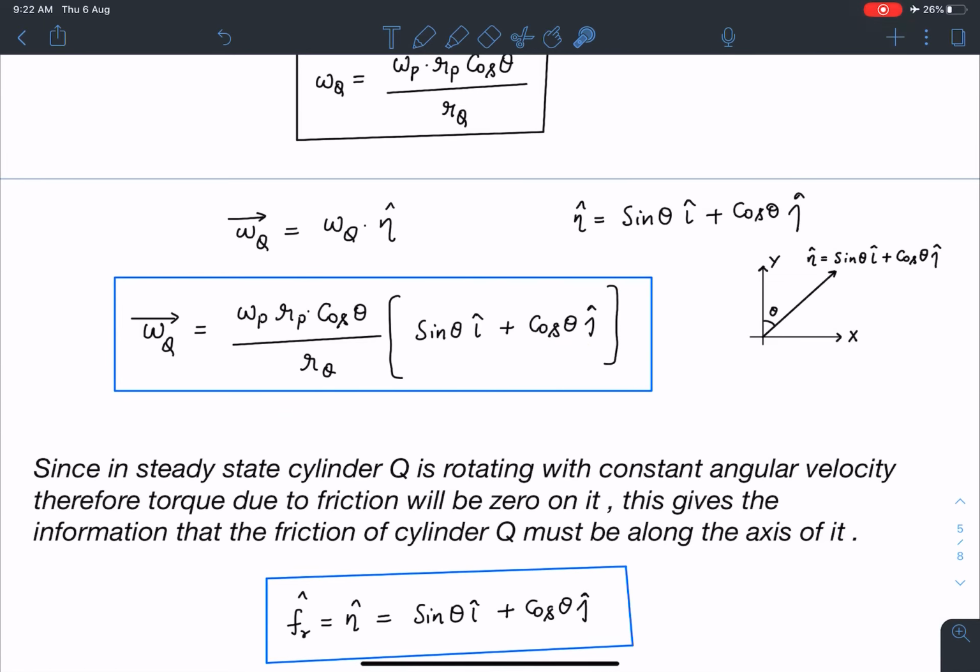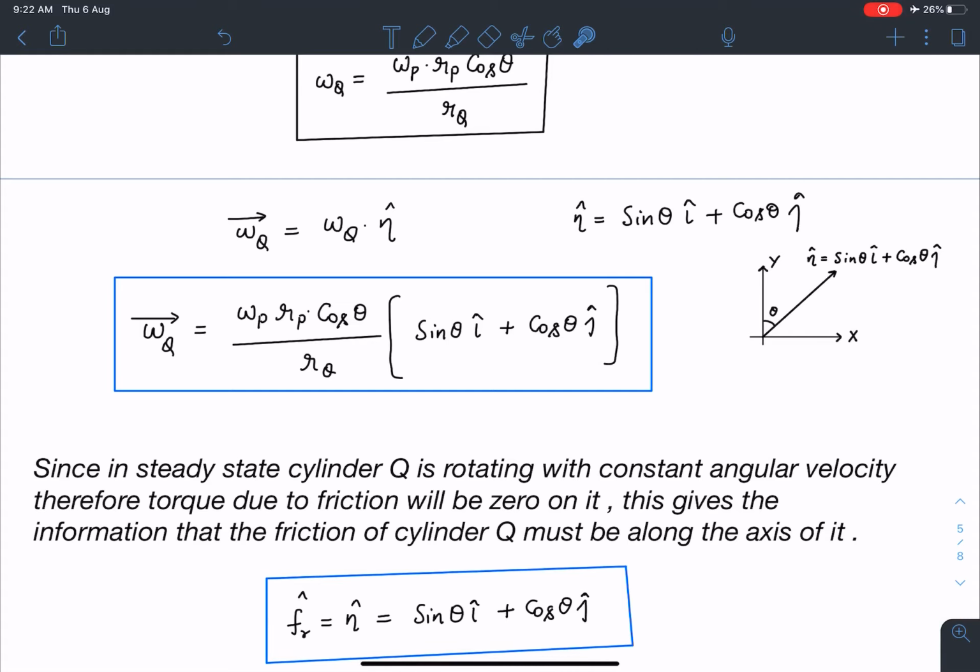Now the second part of this question was direction of friction on the cylinder Q. So we can give this argument and directly write the direction of friction, or we can use the relative velocity concept also, that friction is going to act opposite to relative velocity.